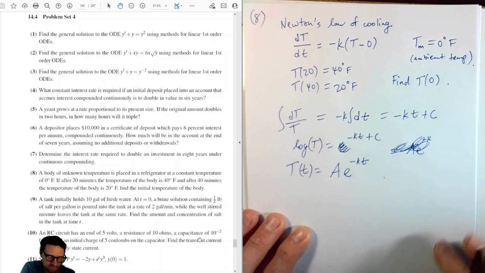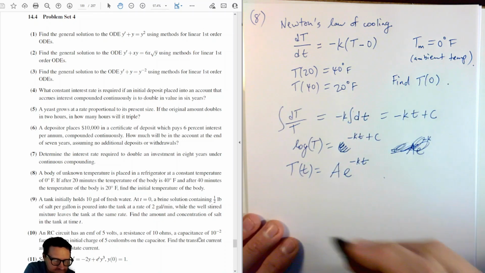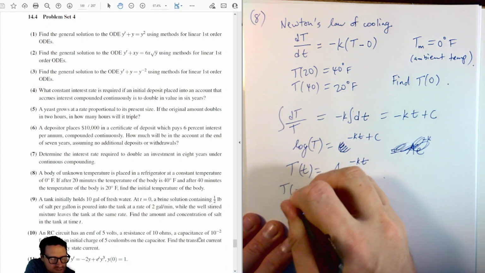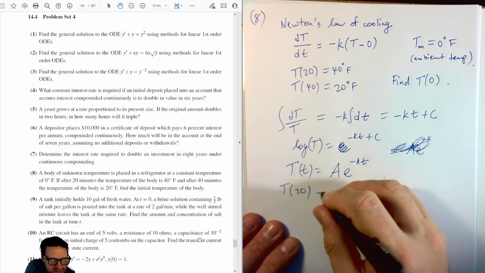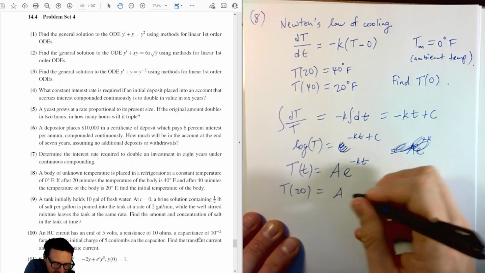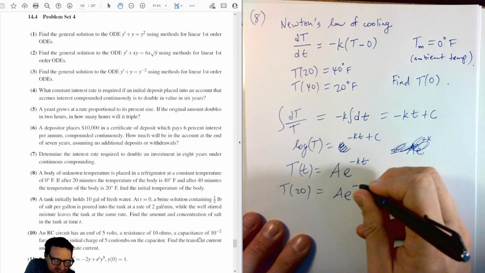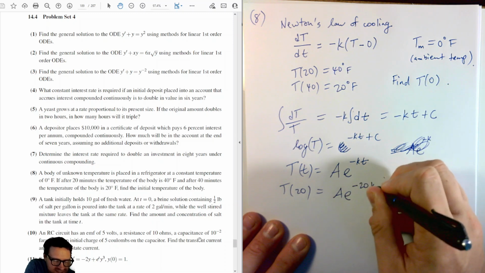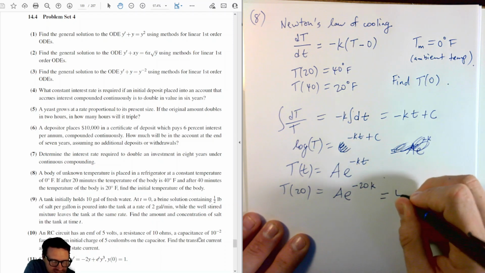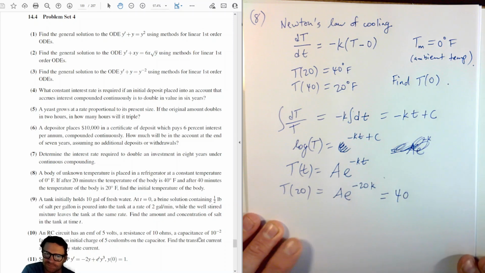Okay, now using our boundary values, T of 20 is equal to A e to the minus 20k, and that's equal to 40.